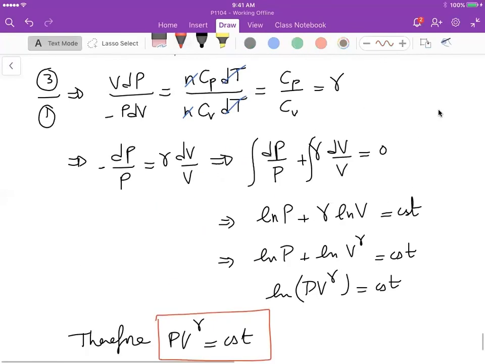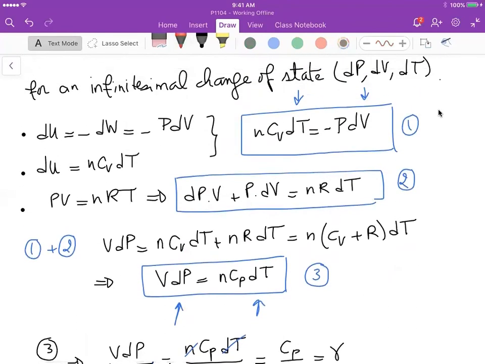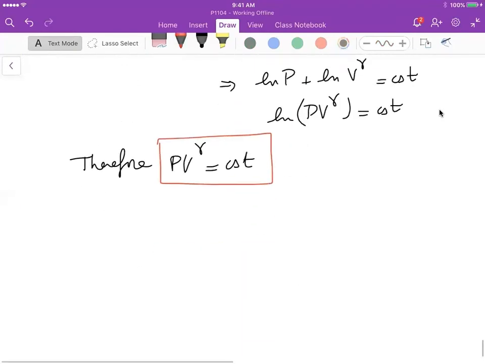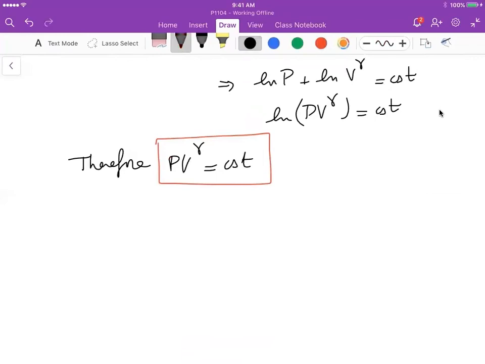Let's have a look back at the equations. Okay, if we take equation number 1 already, what does it give us? Equation 1 tells us that we have minus PdV. Let me write it down. Minus PdV equals nC_V dT, right?